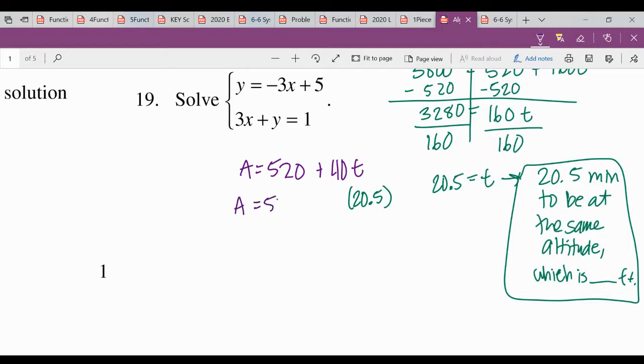So A equals 520 plus 40 times 20.5. Then I'm going to add that to 520 to get an altitude of 1,340 feet. So they are at the same altitude of 1,340 feet at 20 and a half minutes.